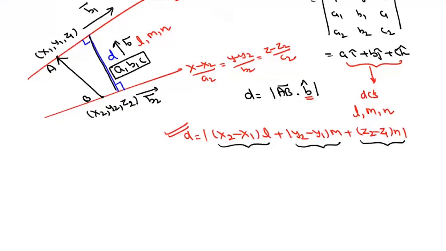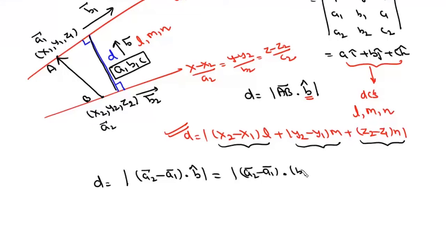And if you want, we can write it in vector form also. Suppose the position vector of a point on the first line is A1, and the position vector of a point on the second line is A2. Then we can write this perpendicular distance as A2 minus A1 dot B cap, or we can also write this as A2 minus A1 dot B1 cross B2 upon mod of B1 cross B2.